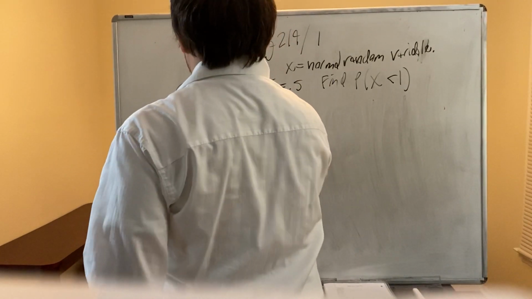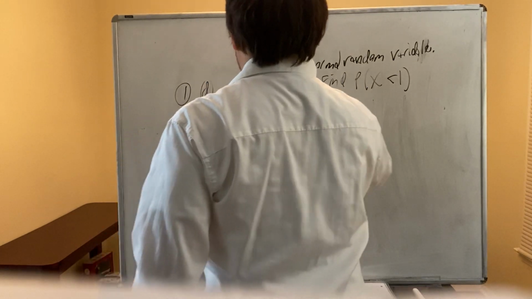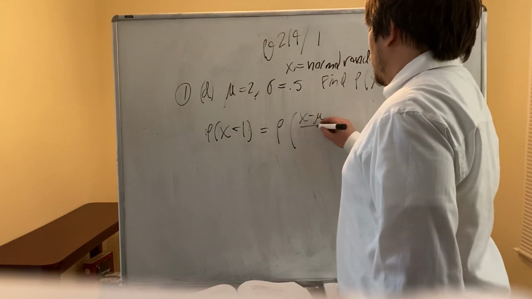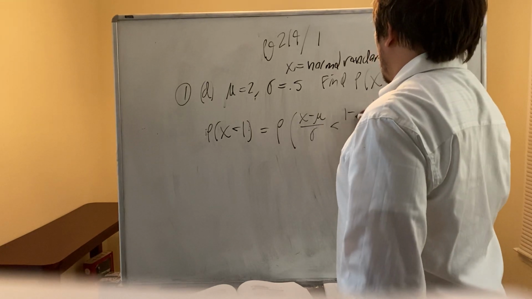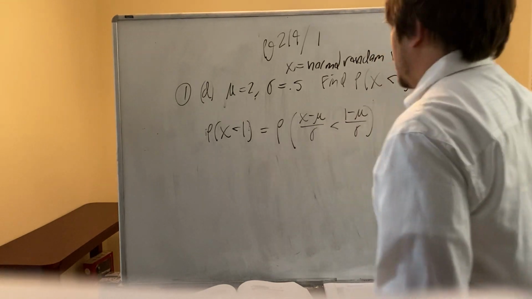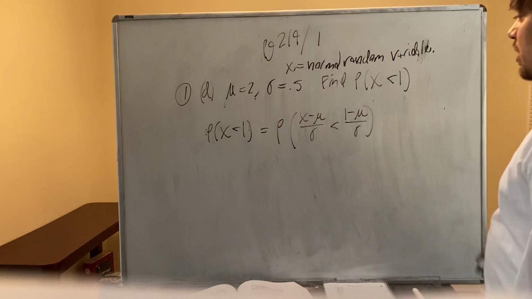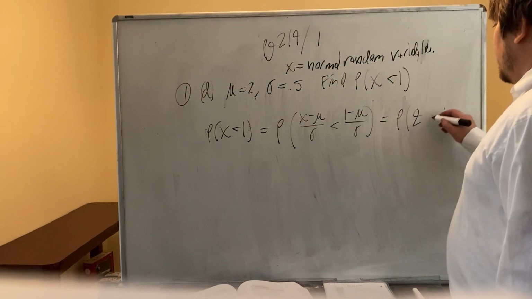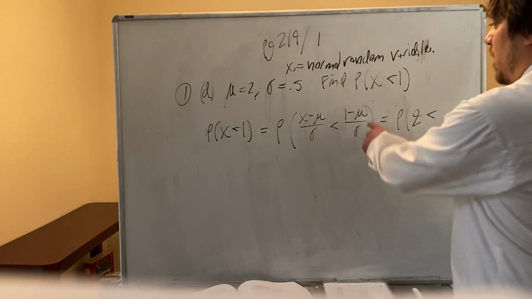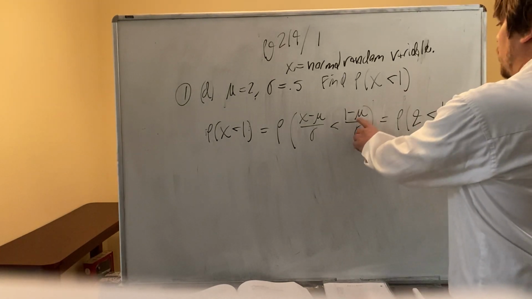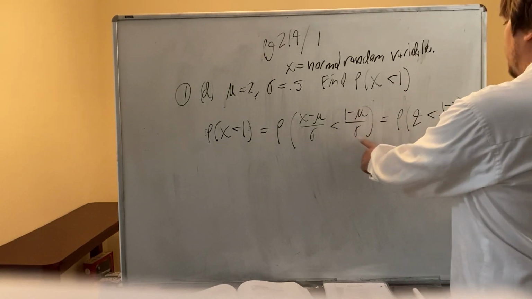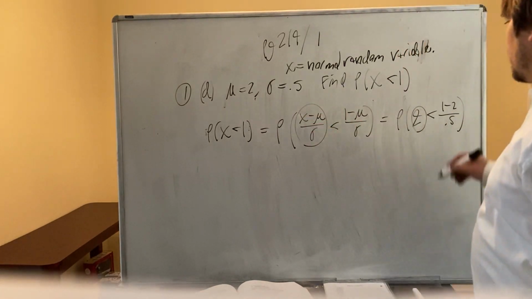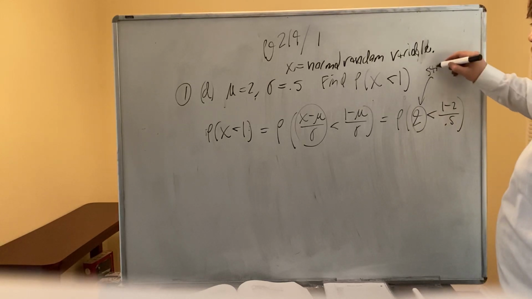The probability that x is less than 1 is equal to the probability that x minus mu over sigma is less than 1 minus mu over sigma. And that's equal to the probability that z is less than 1 minus 2 over 0.5. So here z is x minus mu over sigma. Z is a standard normal random variable.